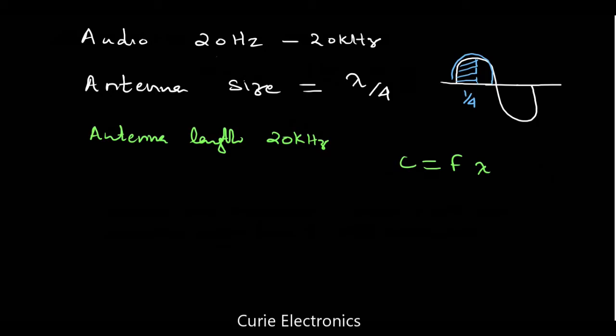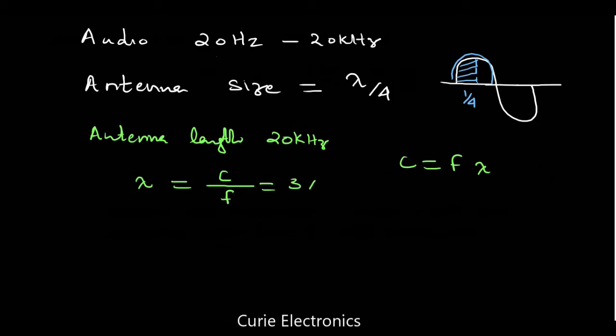C is the velocity of light, f is the frequency of the wave being transmitted, and lambda is the wavelength. From here, lambda equals C, the velocity of light, upon frequency.